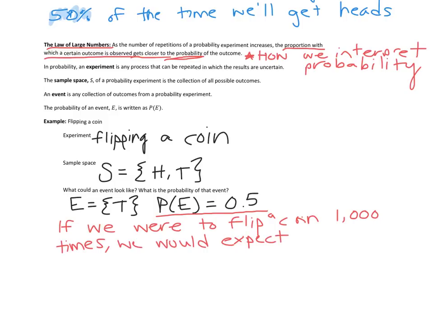And so 50% of 1,000 would be 500. So we would expect 500 of those flips to be tails.